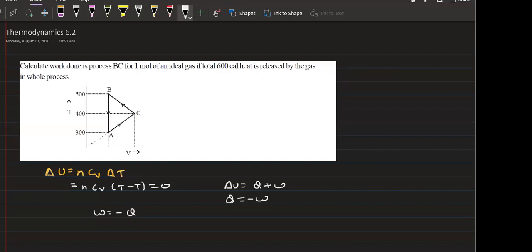So BC and CA, got it? Total work done is work done in BC plus work done in CA plus work done in BA. Work done in BA is 0. So you just have to find work done in BC plus work done in CA.